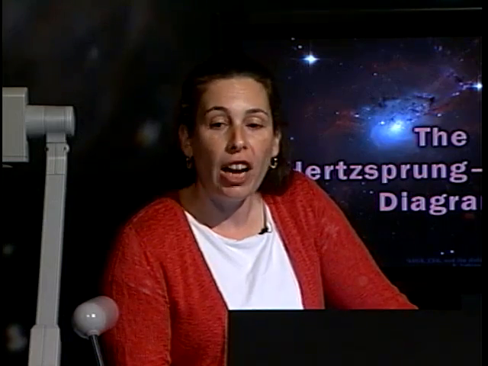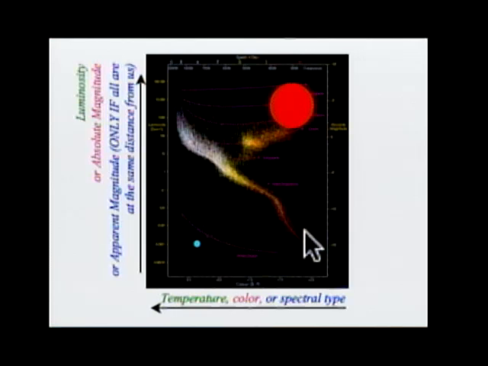Okay, stars can be found in the different regions of this diagram. As you see here, most of the stars are found in this diagonal line here, which is called the main sequence of stars. That's where stars spend most of their life. They spend 90% of their life there.